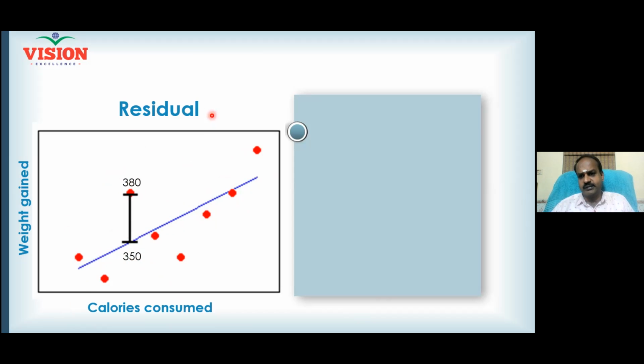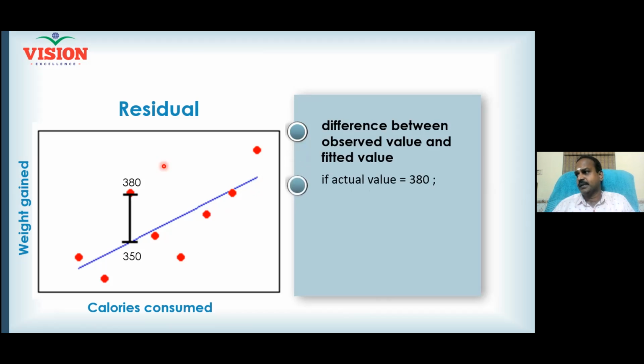If you have more deviation while assuming the line, what will happen? Your model will be weaker, right? And so residual can be positive, residual can be negative. See here, as far as this point is concerned, what is the observed value? 380. The observed value is 380.